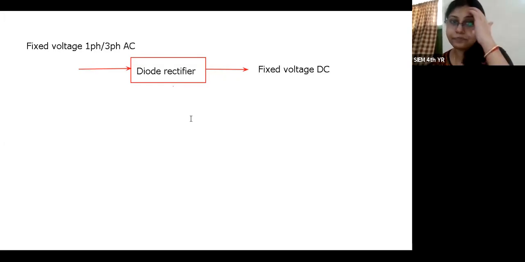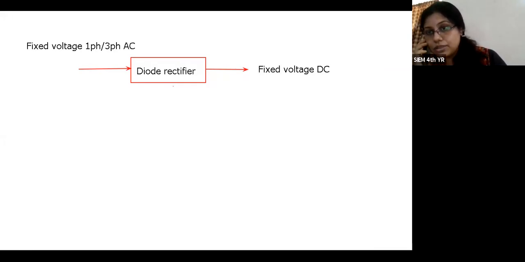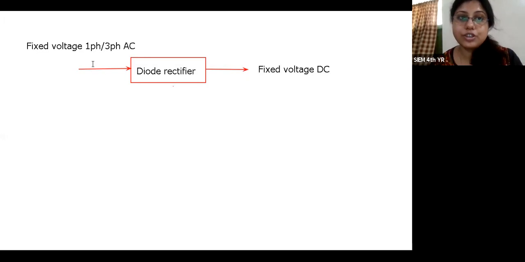Okay, so this is one example, or one block diagram. So as a power modulator device, we can use a diode rectifier.